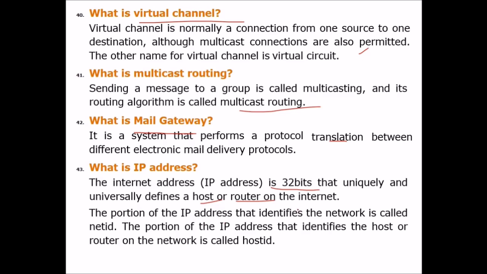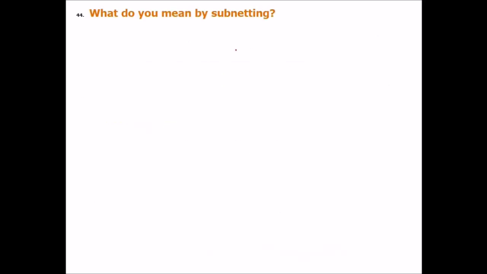The portion of the IP address that identifies the network is called the net ID. The portion that identifies the host or router on the network is called the host ID. So our IP address is divided into two parts, the net ID and the host ID, and different classes of IP addressing are there to uniquely identify a host or router on the internet.